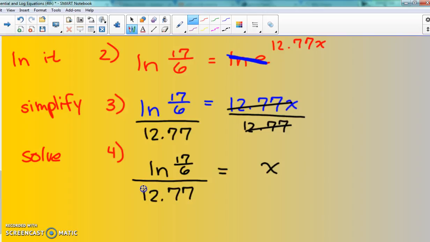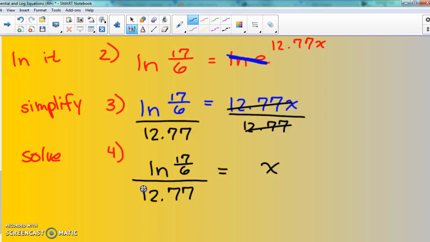All right, so we're going to put that in the calculator. Again, we do alpha, the green button, and y equals. We're going to do natural log, and since it's a fraction, we do alpha y equals again to get another fraction bar. We're going to do 17 over 6.